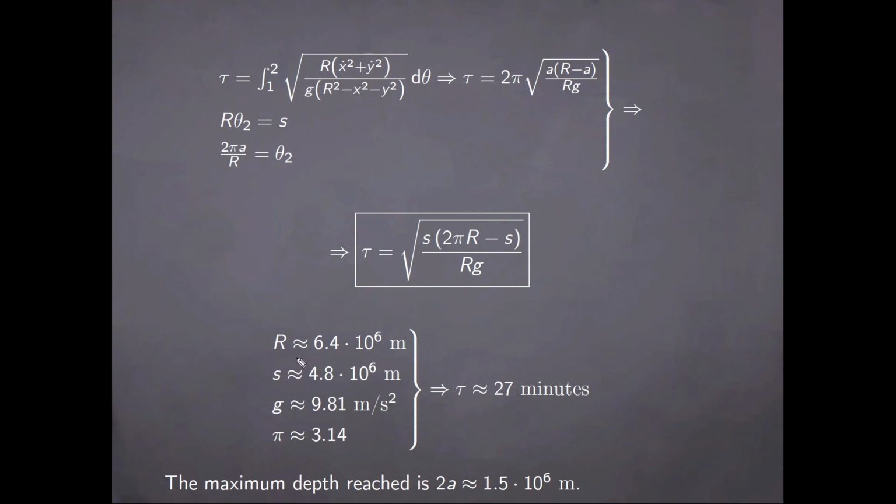And now if we plug in the values of the constants, so if we take R to be equal to the radius of the Earth, we take the arc length to have this specific value, and then we use the value of the known gravitational acceleration and the value of pi, we obtain a total time for movement between the points separated by this arc of approximately 27 minutes.